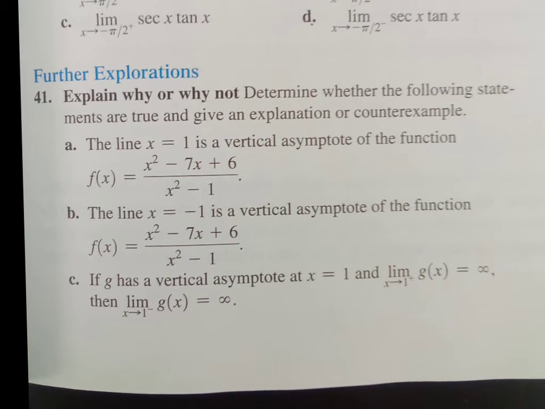It's 41. Vertical asymptote at 1. The top factors into x minus 1, x minus 6.